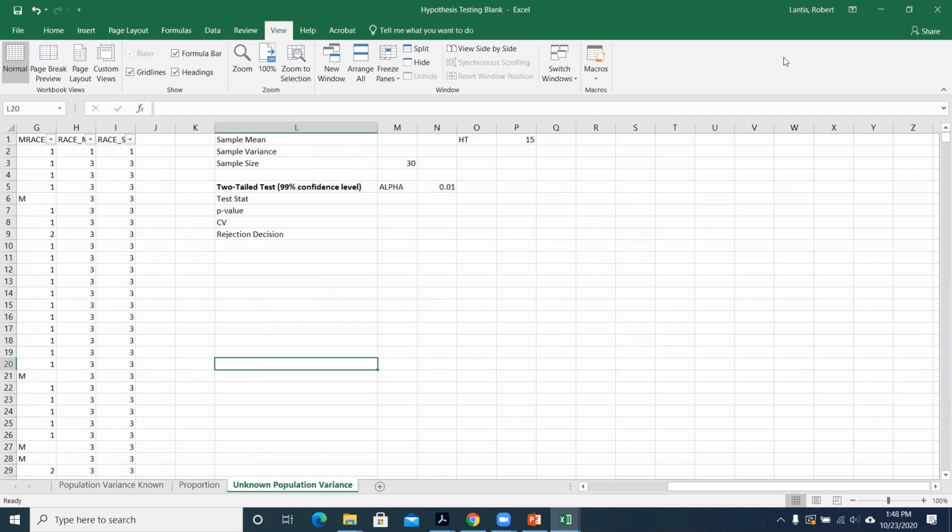Since it translates to what we're doing by hand, hopefully it'll give you more problems and examples leading up to this exam. Because I'll tell you right now, a healthy part of the exam will be hypothesis testing and confidence intervals. Getting more practice with that will be beneficial, okay?